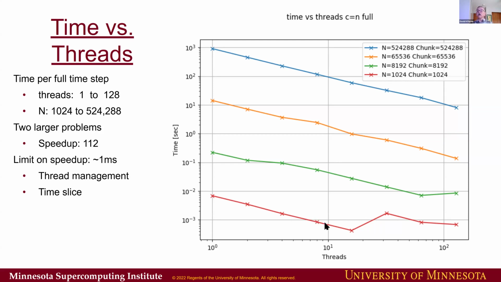For example, these high performance compute nodes have time slices that are fairly large in size. They tend to be on the order of a millisecond or 10 to the minus 3 seconds.